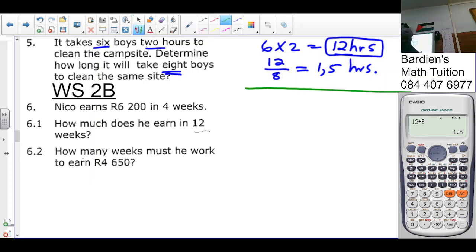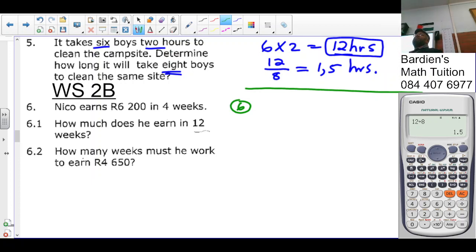Well, let's look at number 6. Nico earned 6,200 in 4 weeks. How much does he earn in 12 weeks? How are we going to do that?